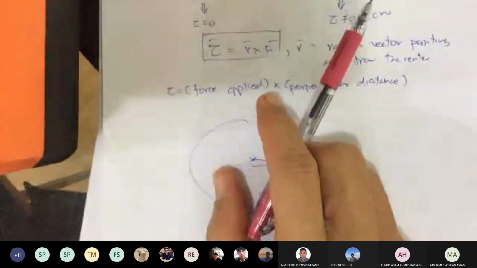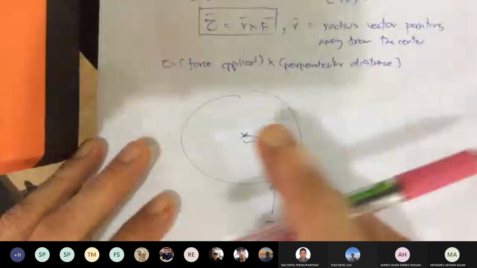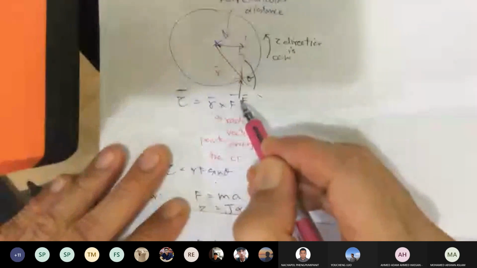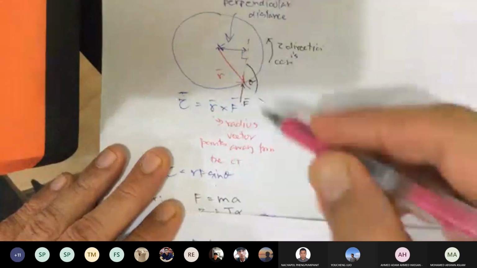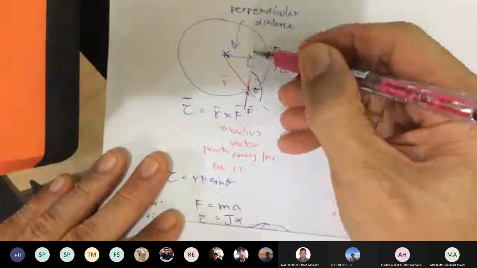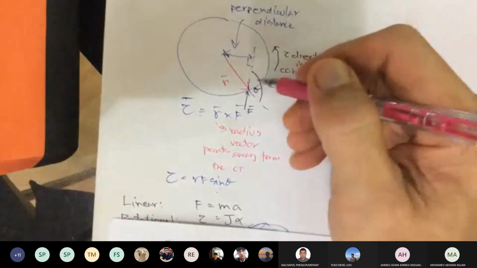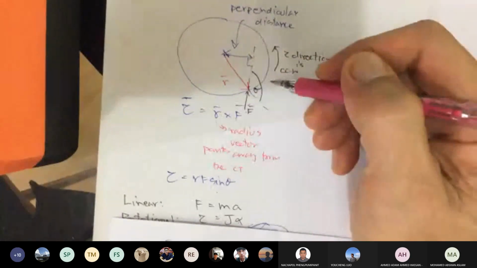So this is torque. Going back here, I have force in black ink, my radius R, and if I continue with the line of action here, then the angle between vector R and vector F is theta.